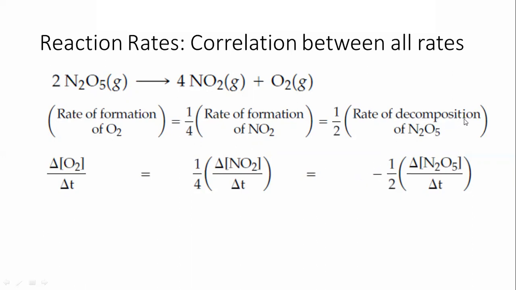Whenever it is the decomposition, you have to put the minus sign, because if the negative sign is not written here, then you cannot differentiate which one is the reactant and which one is the product. So the rate of reaction is giving you complete information. If the rate is written, you can easily differentiate which one is the reactant and the product.